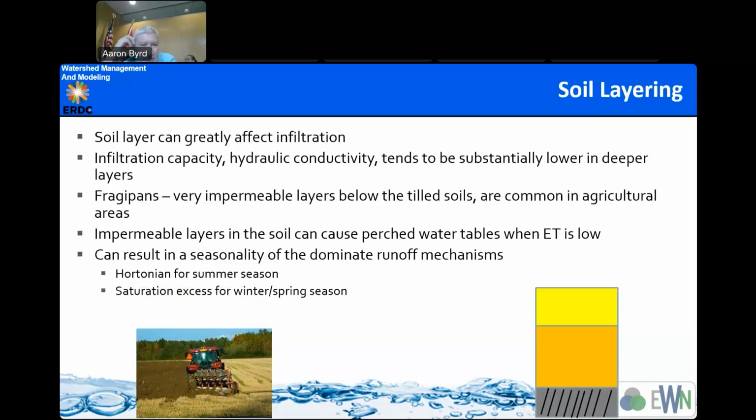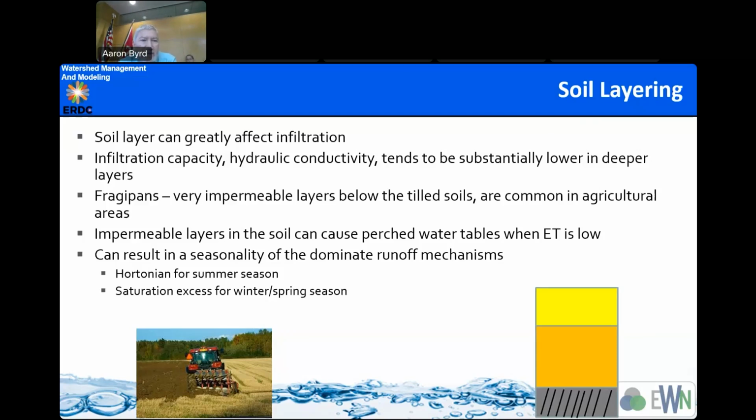There's a special thing called a fragipan, and you see it in agricultural areas, right below where you till the soil. I was a farmer, I grew up as a farmer. A plow goes about 18 inches deep, and you're mixing all that soil up, and then when it rains, it'll leach out all the fines, and they accumulate on that area right below where that plow or disc gets down to the ground, and then it gets an almost completely impermeable layer.